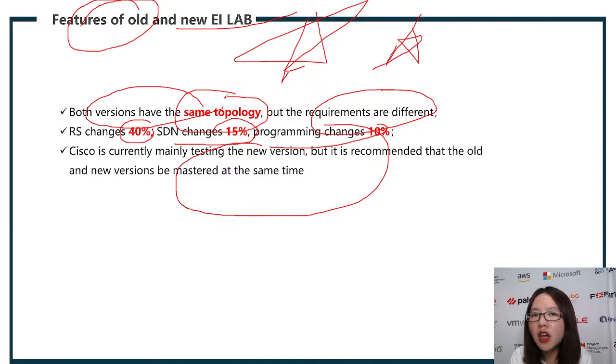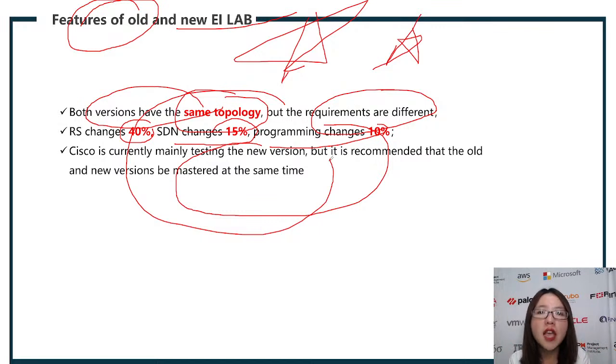So the new EI Lab is not very difficult. If you choose our solution, we will provide a very stable solution for you. I hope it will help you.